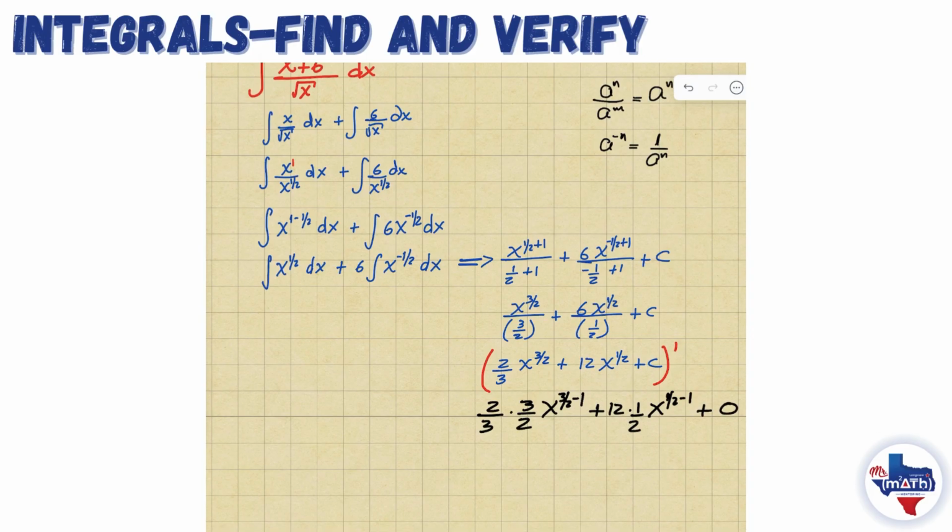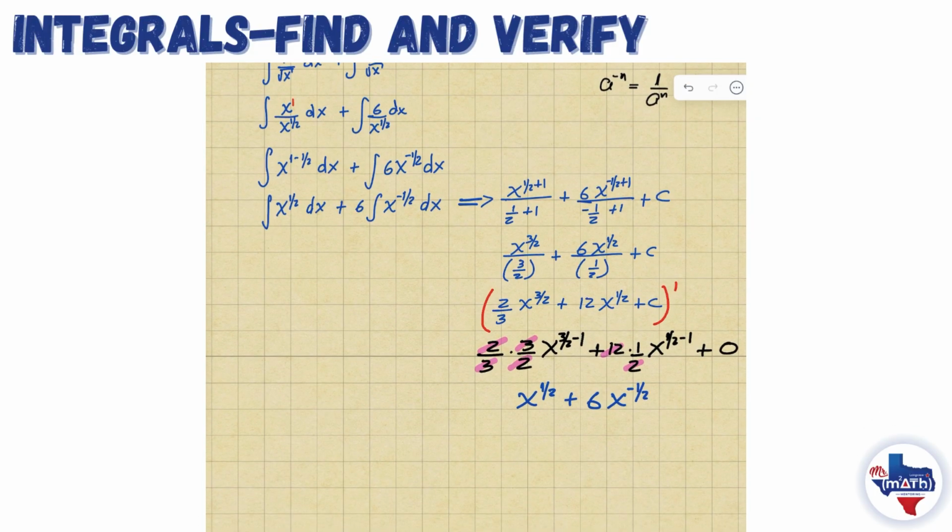So this 2, 3, and 3 will cancel out. 12 divided by 2 will be 6 later on. So this will be 3/2 minus 2/2, which is 1, will be 1/2. 12 divided by 2 is 6, and x to the 1/2 minus 1 is x to the negative 1/2, and the 0 doesn't count.